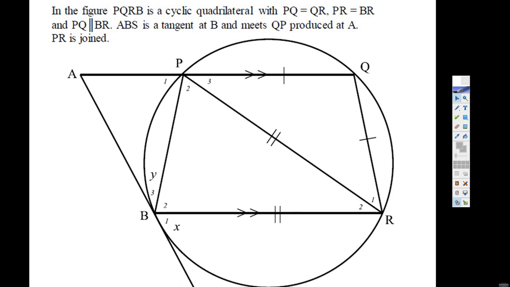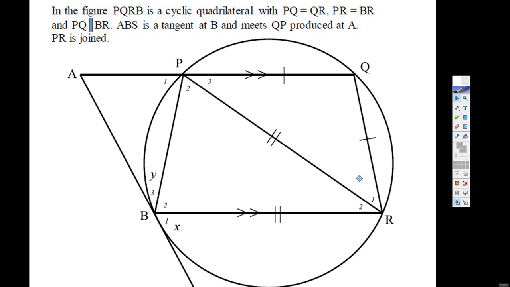And AB, and this is supposed to be S way down here, is a tangent line at B, so it touches right there, and meets QP produced at A. Up here, when they say produced, you carry on the line and it hits A. And PR is joined, so they connect a line in between there.